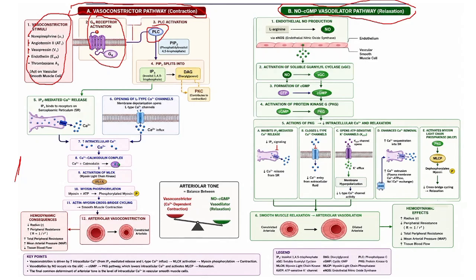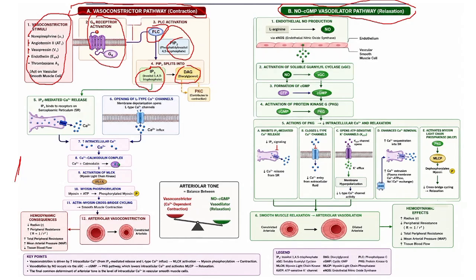When phospholipase C is activated, it will act on the phospholipid here and lead to the production of two main products, the IP3 and the DAG. Our IP3 stands for inositol 1,4,5 triphosphate.